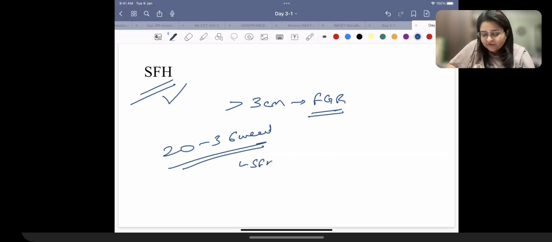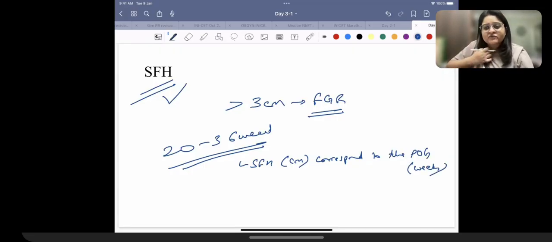The symphysiofundal height in centimeters should correspond to the period of gestation in weeks. So if she's 20 weeks, the symphysiofundal height should be 20 centimeters. If she's 26 weeks, it should be 26 centimeters, plus minus 3 centimeters to take into account maternal obesity.